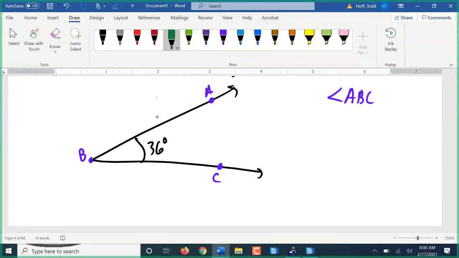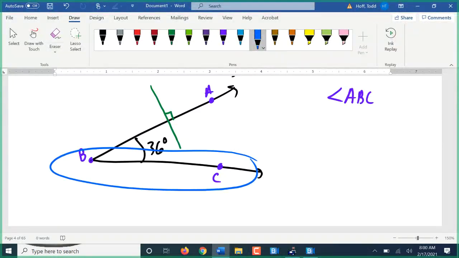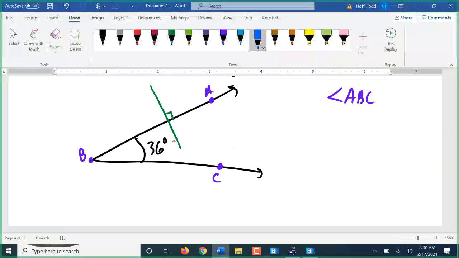I might put one right here, the right angle there. If I construct the other side of that to be perpendicular to this side, side BC, what do I know about the resulting angles? If I do it right here, now this side is 90, this angle's 90, this is 36.